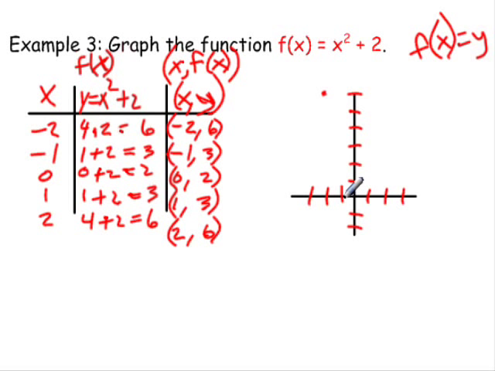If I go back 1, I'll be at 3. If I go to 0, I've got 2. And if I go to 1, it'll be at 3. And if I go to 2, it'll be at 6.